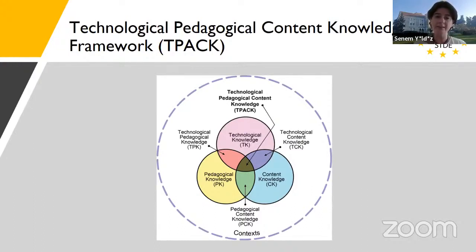For delivering this instruction to their students, they also know which tools work best, how they can develop the most effective digital tools, why they should integrate technology, or maybe why they should even avoid technology at this point, and how they can adapt their content into a digital platform. So this framework suggests that a teacher should have all these three types of knowledge to become the most effective teacher using technology.